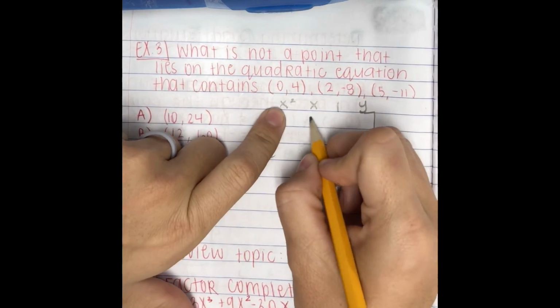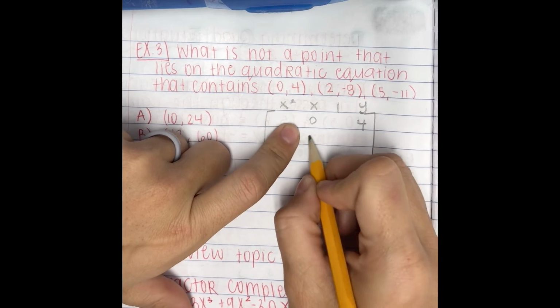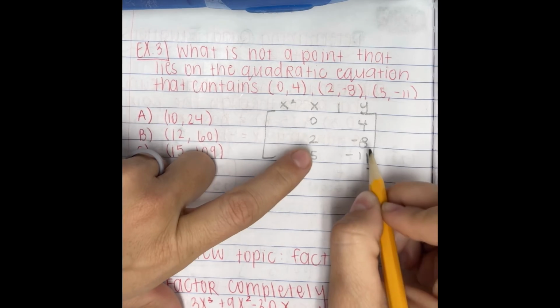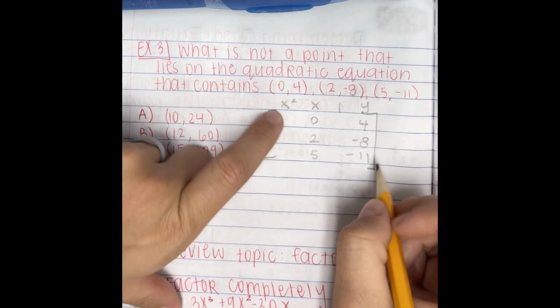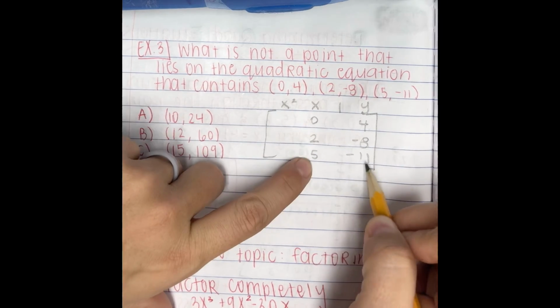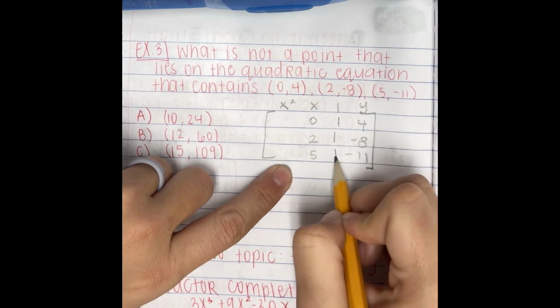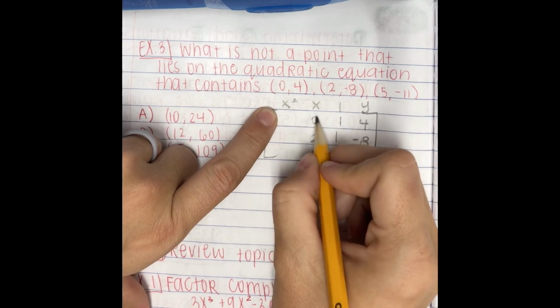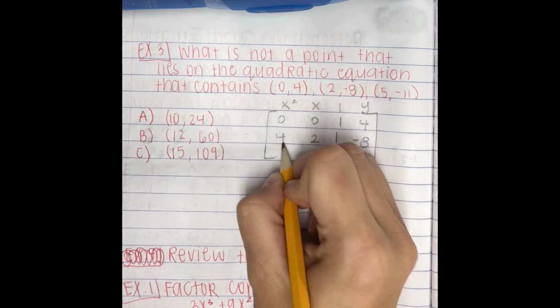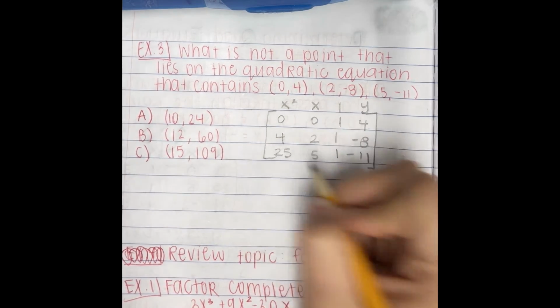So let's go in order. So 0, 4, 2, -8, 5, -11. We're just filling in our x's and our y's, right? This column's always 1s. And then our x squared, so we're just going to square our x's. So 0 squared is 0, 2 squared is 4, 5 squared is 25.